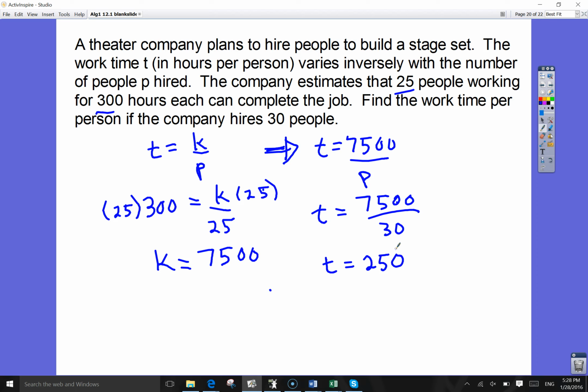All right, so it'll take 250 hours per person if they hire 30 people, right? So you could see as one number goes up, the other one goes down.